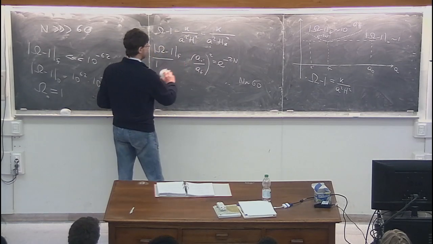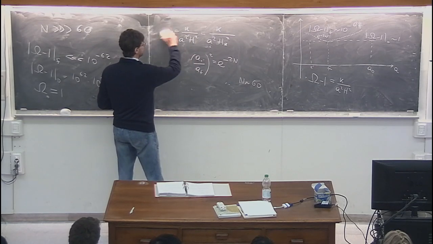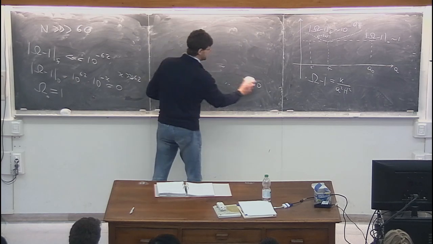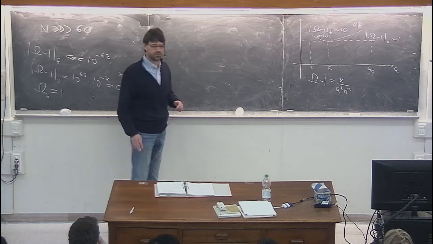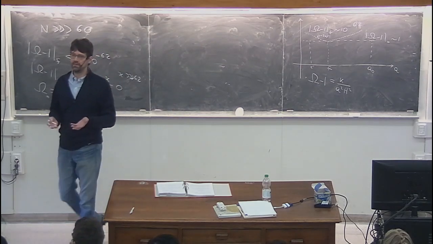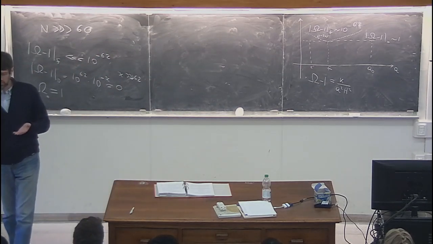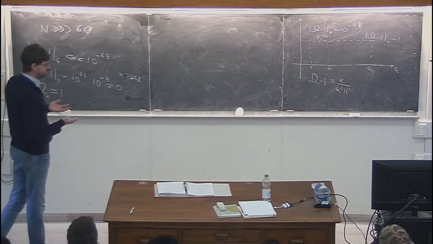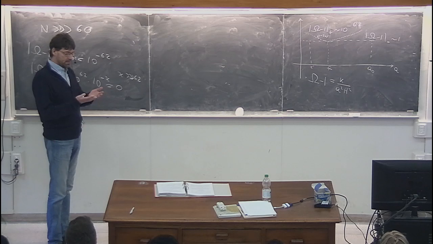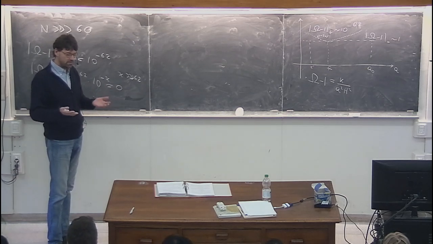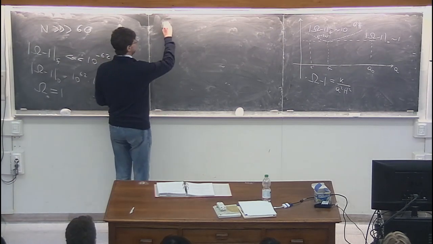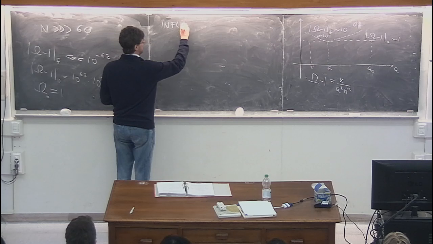Another comment, which is very important, is the following. We said yesterday that omega exactly equal to 1 is a flat universe. Can we say that inflation gives a flat universe? The answer is, it depends what you mean by universe. The geometry that comes out of inflation is the following. So let me write it here in order to be clear.